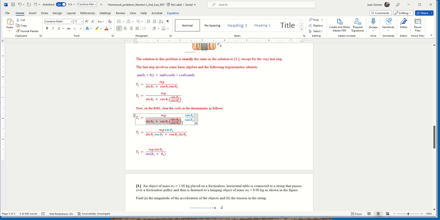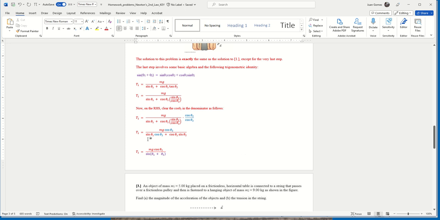When you multiply the second term in the denominator times cosine theta 2, the cosine theta 2 terms cancel. So in the denominator, going left to right, you're left with sine theta 1 cosine theta 2 plus cosine theta 1 sine theta 2. And in the numerator, you have mg cosine theta 2.